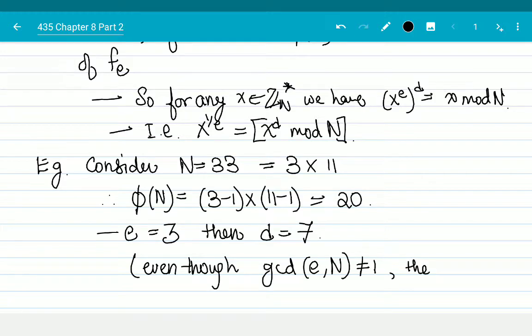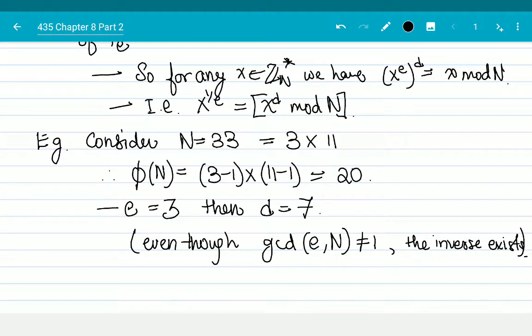The inverse exists. That is because we are dealing with phi of n equal to 20. The order of the group is 20, not 33, so it works.